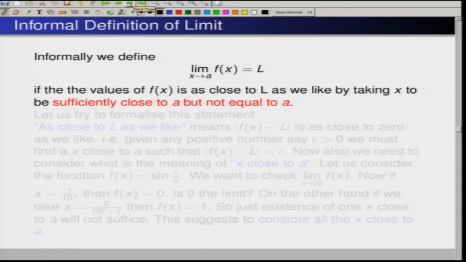So, informally we write limit x goes to a of f of x is equal to a number L if the value of f of x, which in our earlier problem is the slope, is as close to L as we like, by taking x sufficiently close to a, but not equal to a.